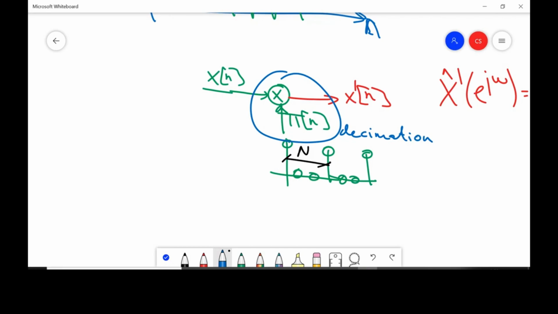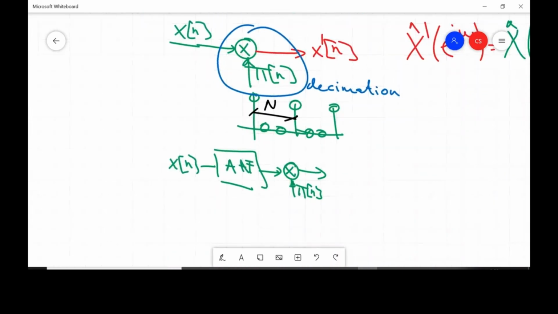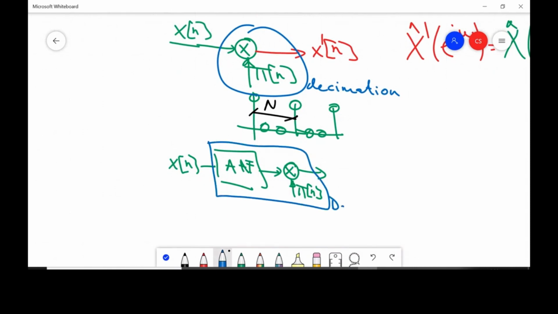And if you want to do a downsampling, you know that this spectra may overlap. So what you do normally is you apply an anti-aliasing filter, and then you do the decimation. And both together is downsampling. So the downsampling is the anti-aliasing filter and the decimation.